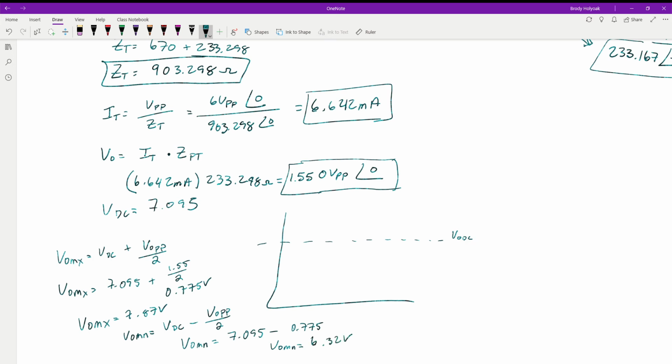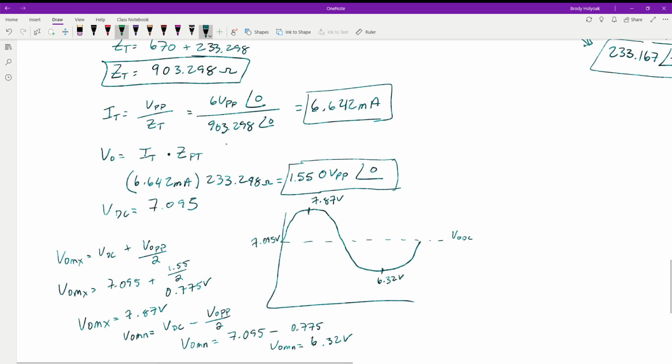So when we come back and look at our graph, our V out DC is 7.095 volts, and we're going to have our AC signal riding on it, and our max voltage here is going to be the 7.87 volts, and the minimum voltage here is going to be 6.32 volts.